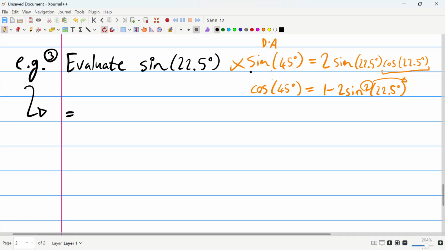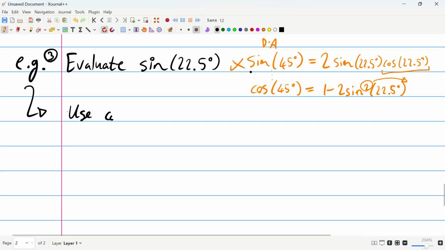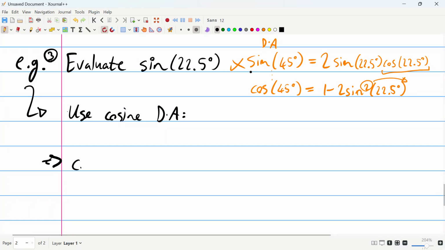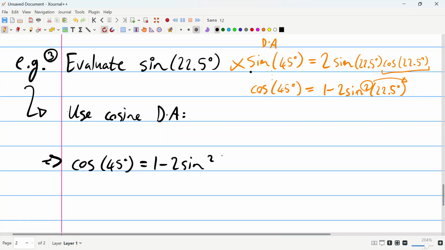So we can say over here, this sine of 22.5 degrees, so let me write it here just to make it look neater. Sine of 22.5 degrees. Wait, we can't really do that one though. We need to use the cosine double angle, okay? Such that what we're going to have is cos of 45 degrees is going to be equal to 1 minus 2 sine squared of 22.5 degrees, okay?